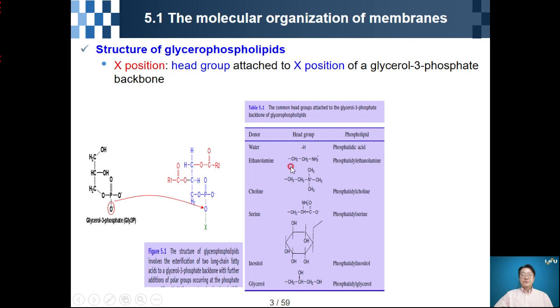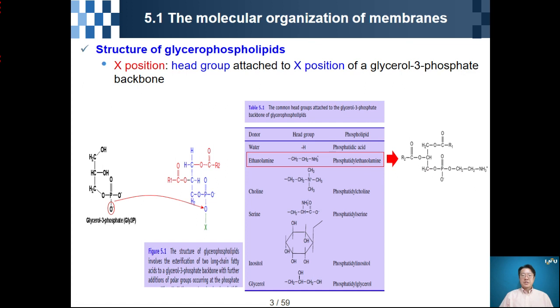The very famous ones are ethanolamine and inositol. In the case of ethanolamine, the head group is ethanolamine. This ethanolamine is attached to this X position, so we call it phosphatidyl ethanolamine.